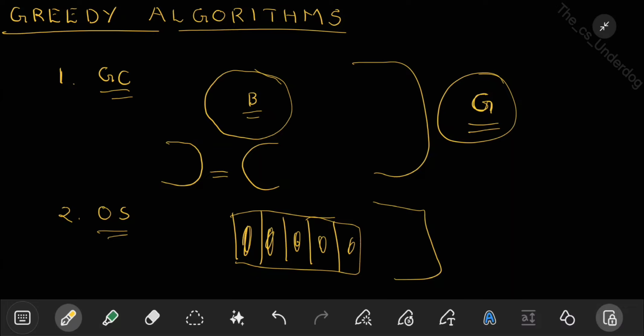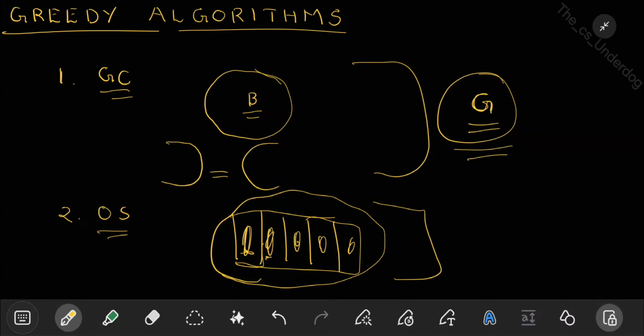That is the substructure of the problem. Because of this optimal substructure, you are able to break the larger problem into smaller parts. Only if you can break into smaller parts does applying the greedy approach in each of those smaller parts make sense. So these are the two properties.